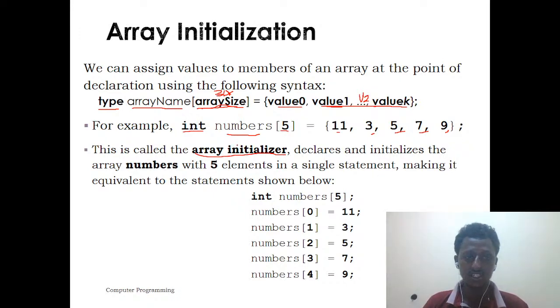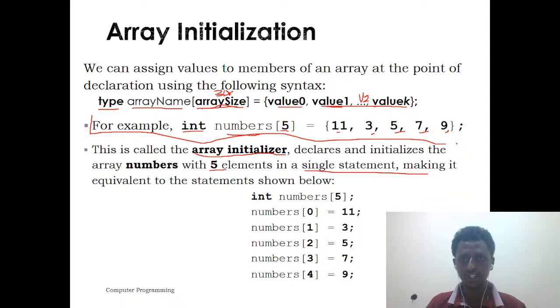This declares and initializes the array numbers with 5 elements in a single statement, which is equivalent to the statement shown below. This expression is equivalent to this. First, you declare the array data type, name, then the array size.